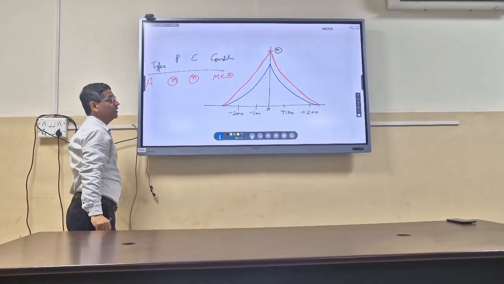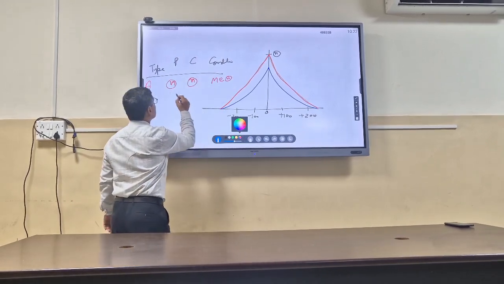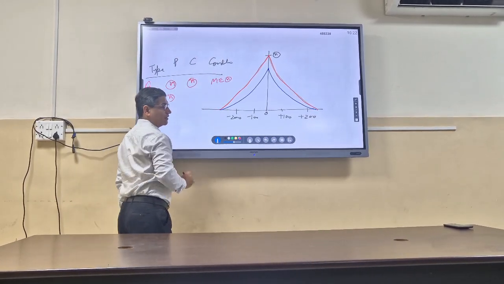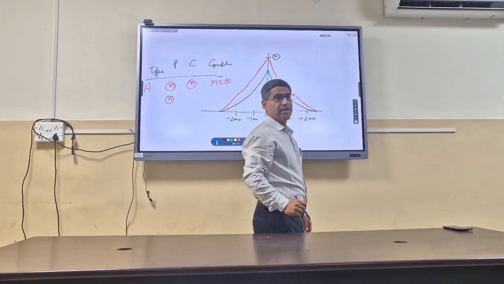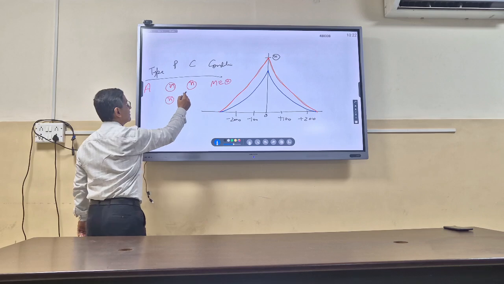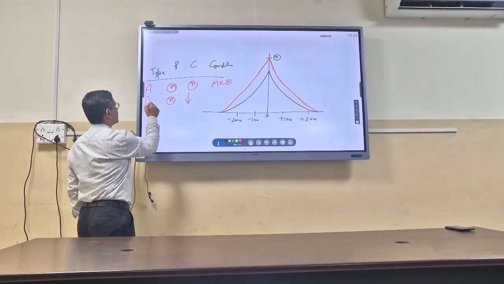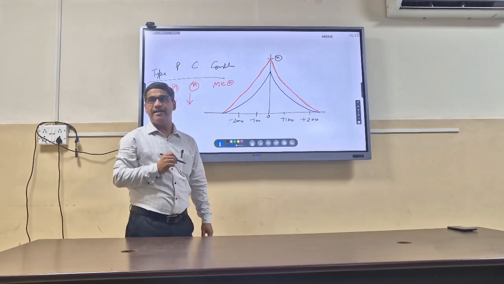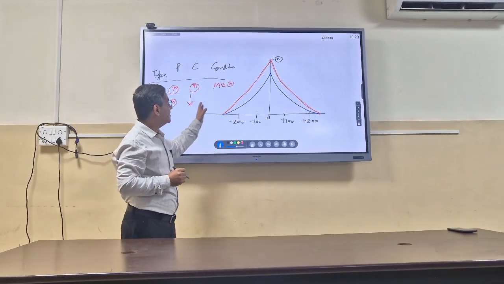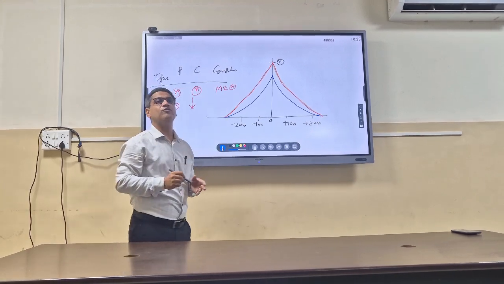Here what is normal? Pressure is normal. What is abnormal? Compliance is decreased. So this is called type AS, A with a subscript S. This type of curve is seen in any pathology which causes fixation of the ossicles.